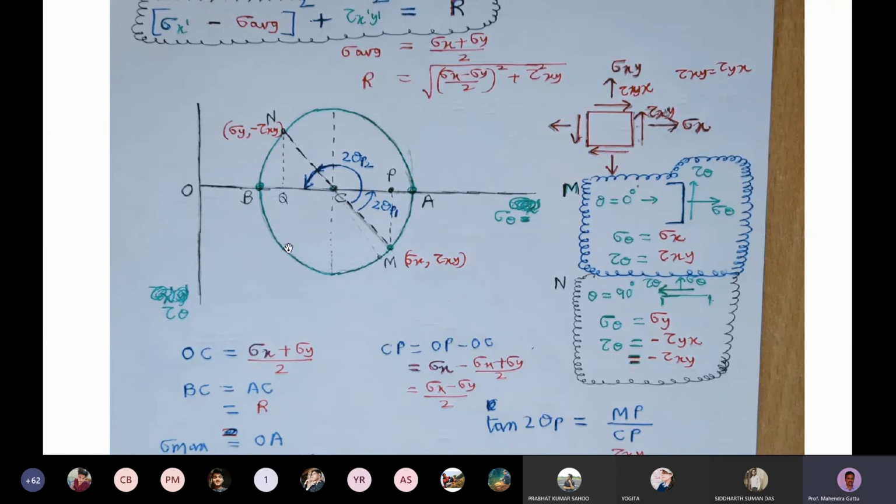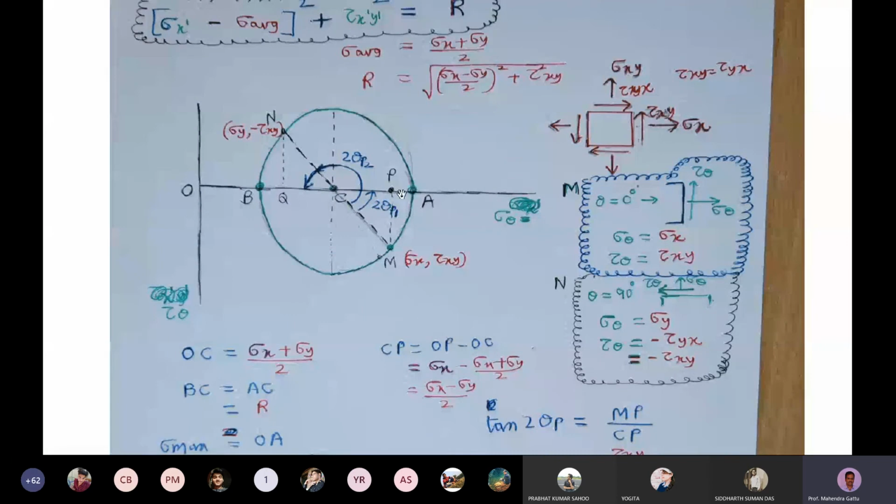Now if you look carefully, we can identify 2 points, A and B. A and B are such that this is the farthest point and this is the nearest point. OB is the smallest value of sigma theta, and OA is the maximum value of sigma theta.